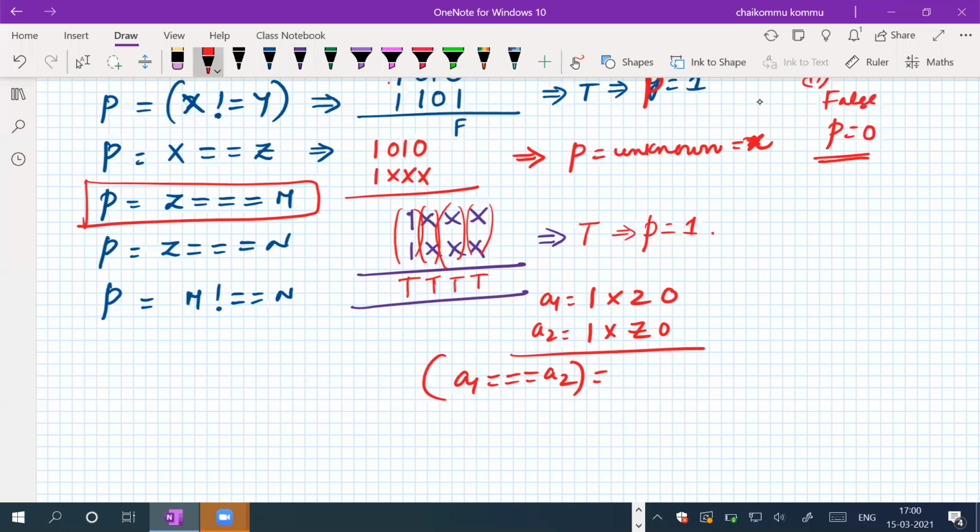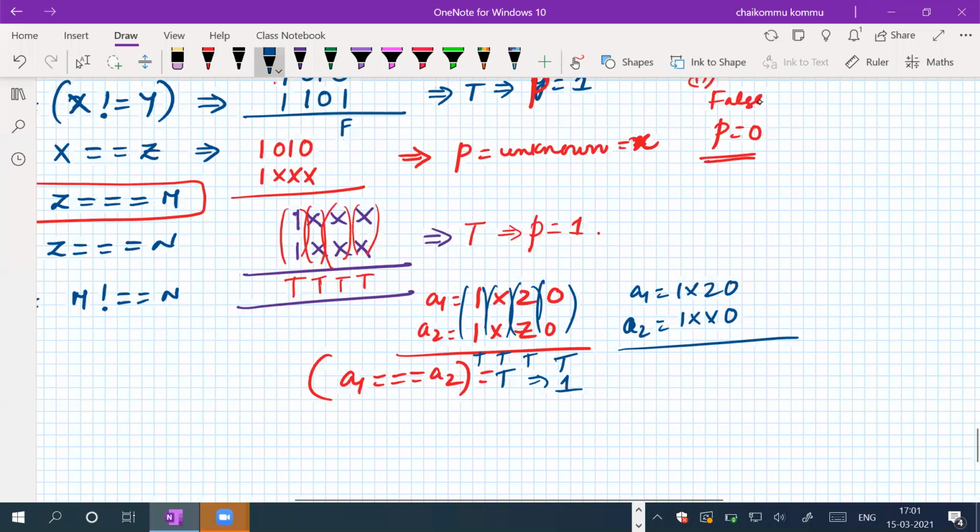This is true, this is also true, this is also true, this is also true. Therefore, total is true, therefore it is logic 1. For example, A1 is equal to 1xz0, A2 is equal to 1xxx0. In this case, these are comparable, this is true. But the Z and X are not equal. This is false. Of course, if one is false, everything is false. Therefore, if I ask A1 equal to A2, the answer will be logic 0 for this one.